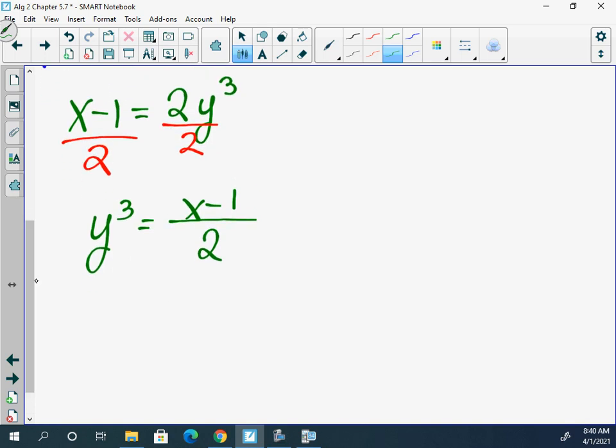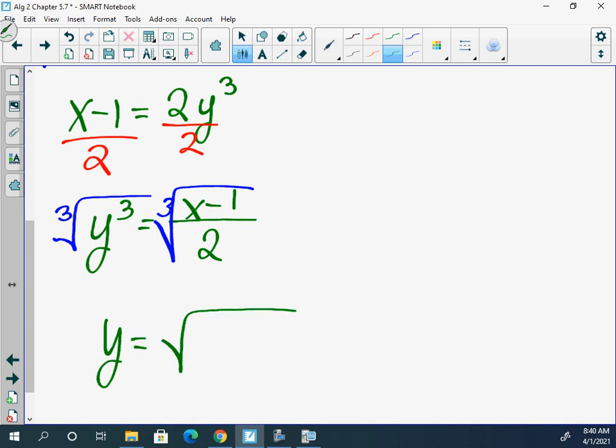And then, yes, now we would cube root it. Which would give us y by itself is equal to the cube root of x minus 1 over 2. Since it's an odd root, it wouldn't be plus or minus.